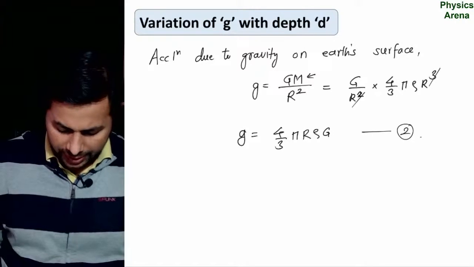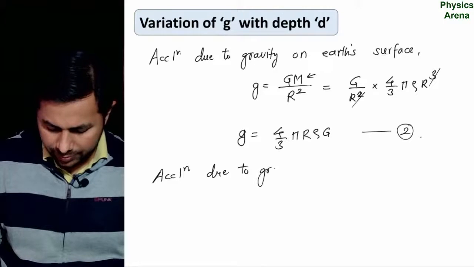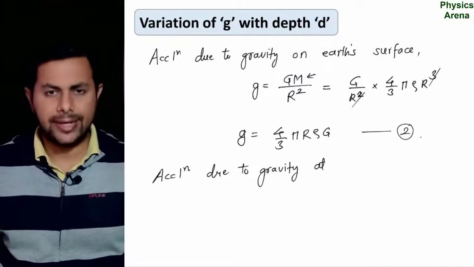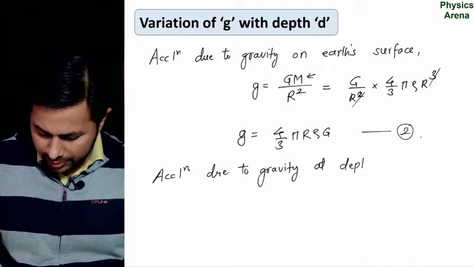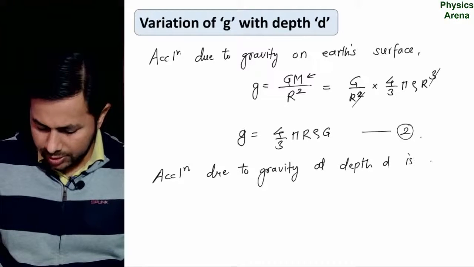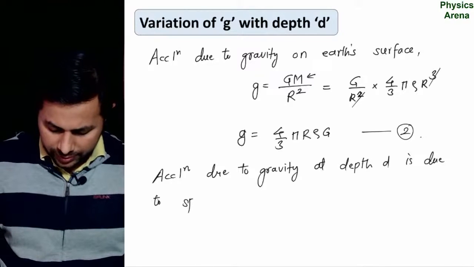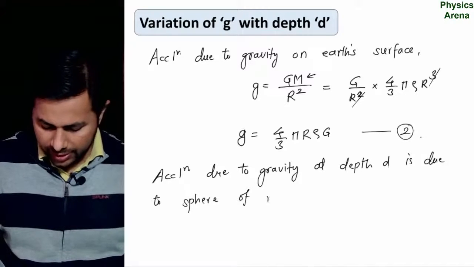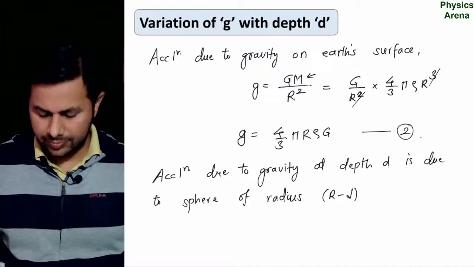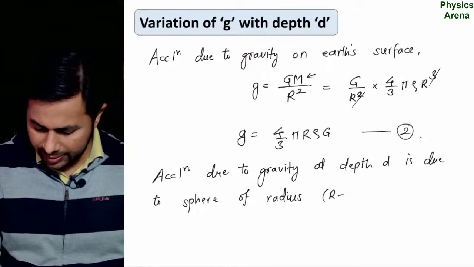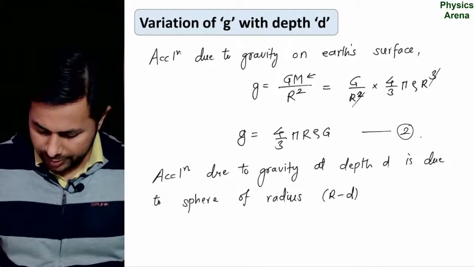I will say that acceleration due to gravity at depth d is just due to a sphere of radius r minus d, whose center is at the center of Earth.